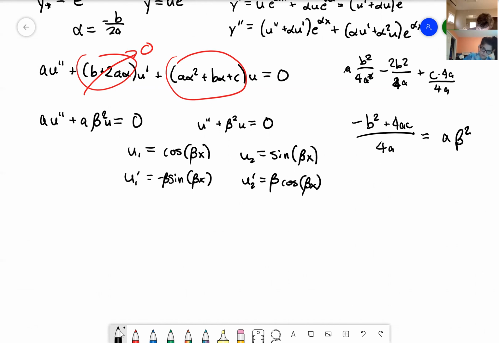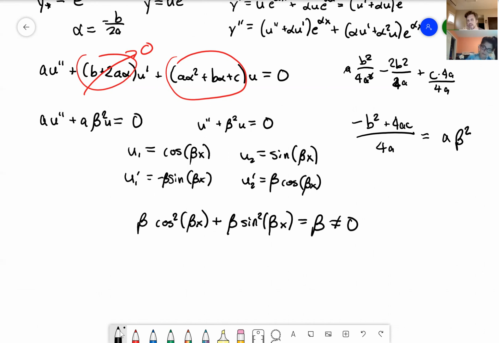And then if we compute this, we get beta cosine squared beta x minus negative, so plus beta sine squared beta x, which is just beta, which we assumed was non-zero because we're in the case where we have a negative discriminant.